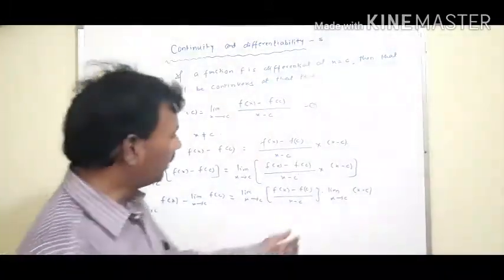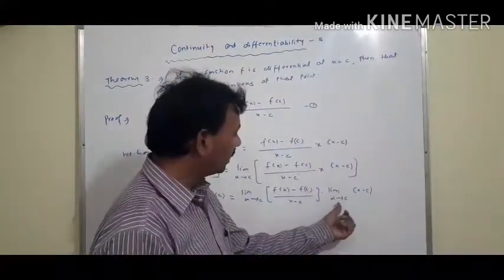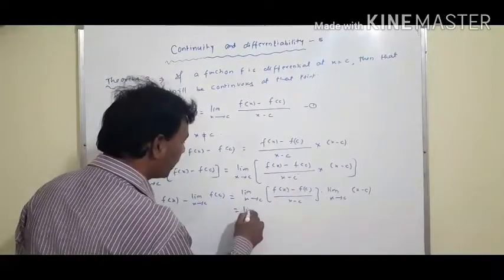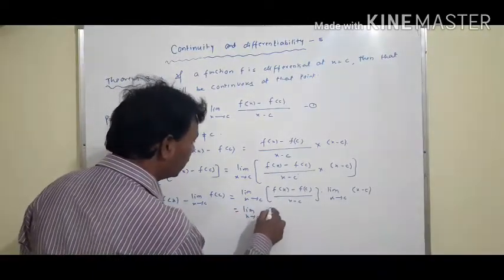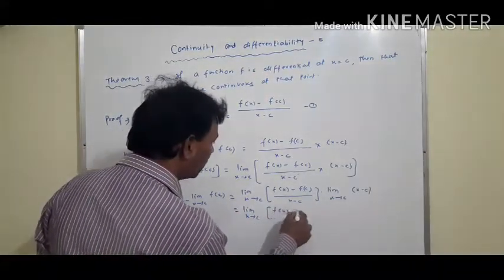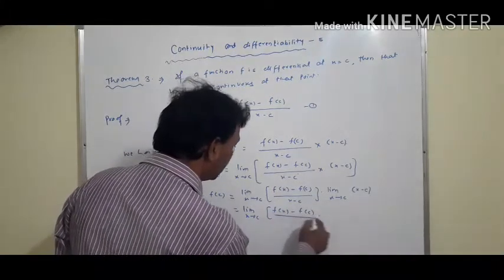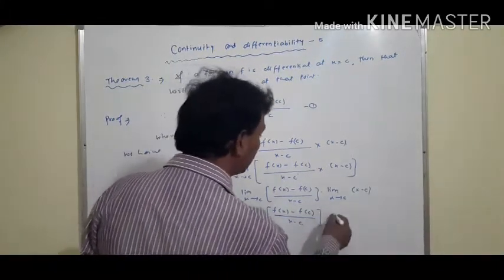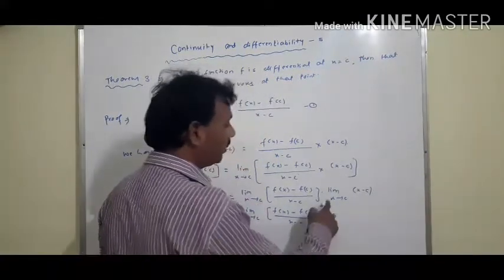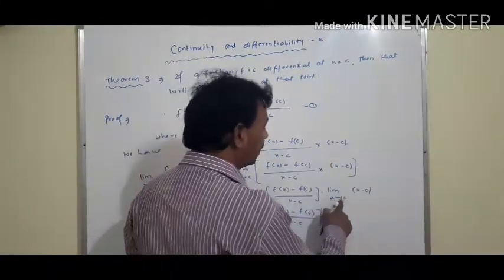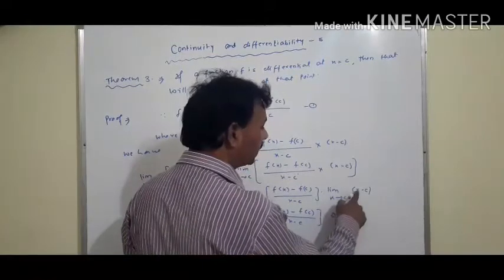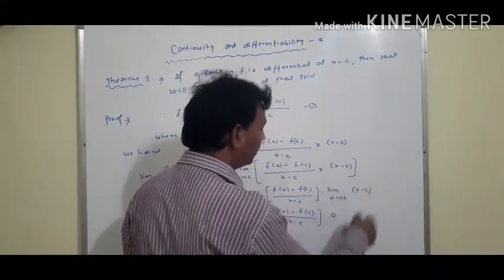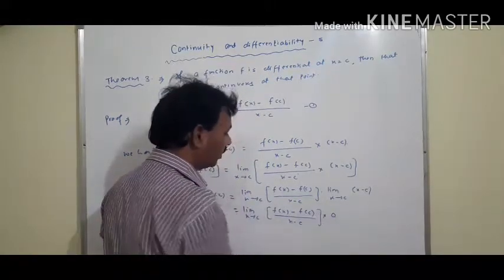Now if we apply the limit in this function, this will be limit x tends to c of f of x minus f of c whole upon x minus c, into 0, because if we write c in place of x, then this will be c minus c, which is 0.